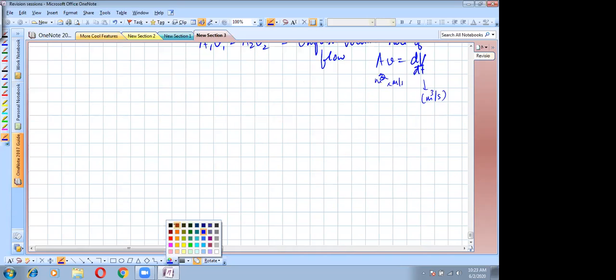the Bernoulli's equation, which comes by applying a sort of work energy theorem to this.